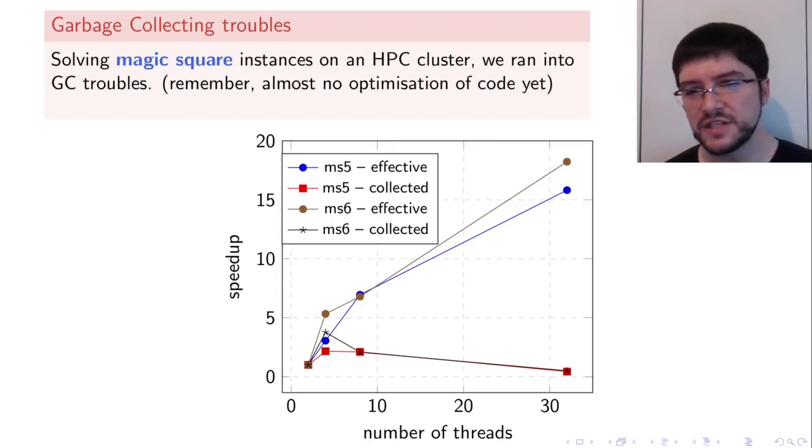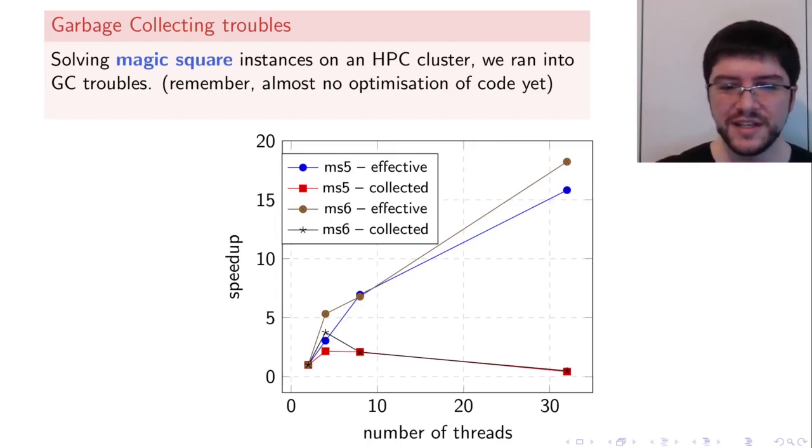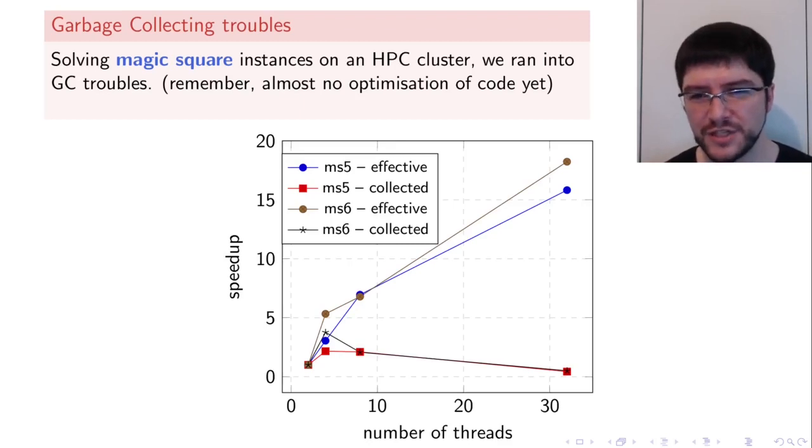If you look at Magic Square 5 collected and Magic Square 6 collected, it's the real time taken by the instances to be solved. And as you see, the black and the red lines drop in speed with the number of threads. We even ran into cases where 99.7% of the time was spent on garbage collecting. So that was just not doable.